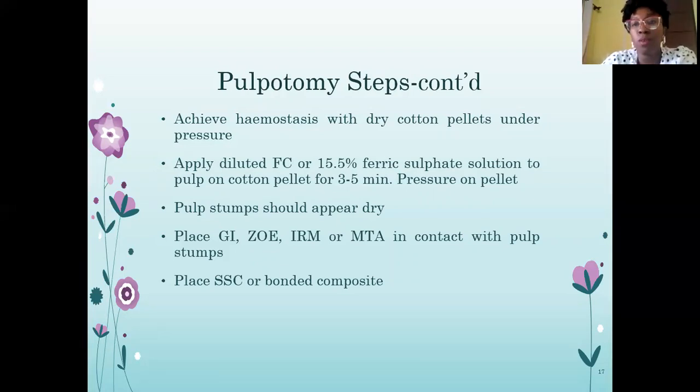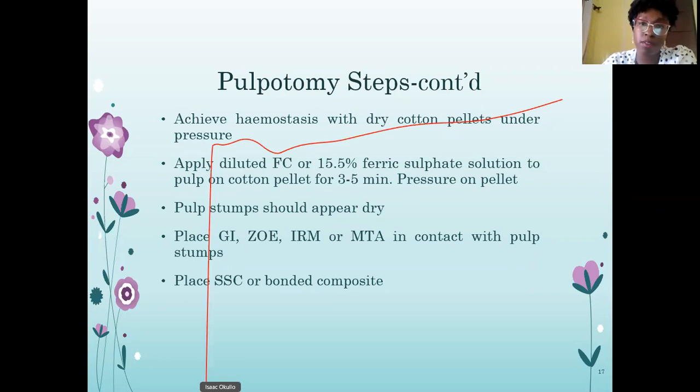Thereafter, depending on whether you're doing devitalization or preservation, apply ferric sulfate solution. We are going to talk about the different medicaments a bit later. Typically use 15.5%. When you're using ferric sulfate, it's just 15 seconds. If you're using formocresol, it's 3 to 5 minutes.